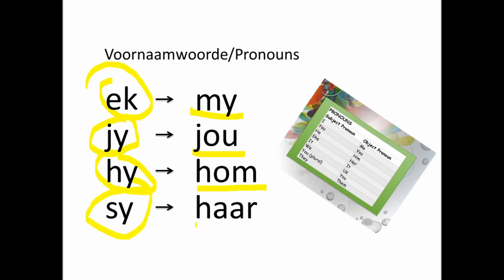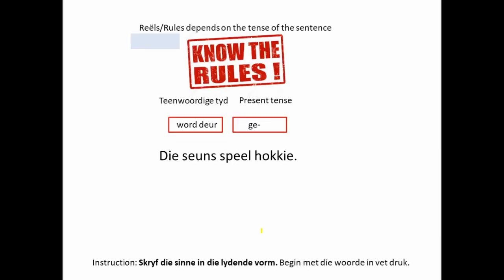Sy changes to haar. So, in Afrikaans, you need to know the rules. So, for Lydende vorm, you need to learn the rules for each tense. If you don't learn and know the rules, you are going to struggle.